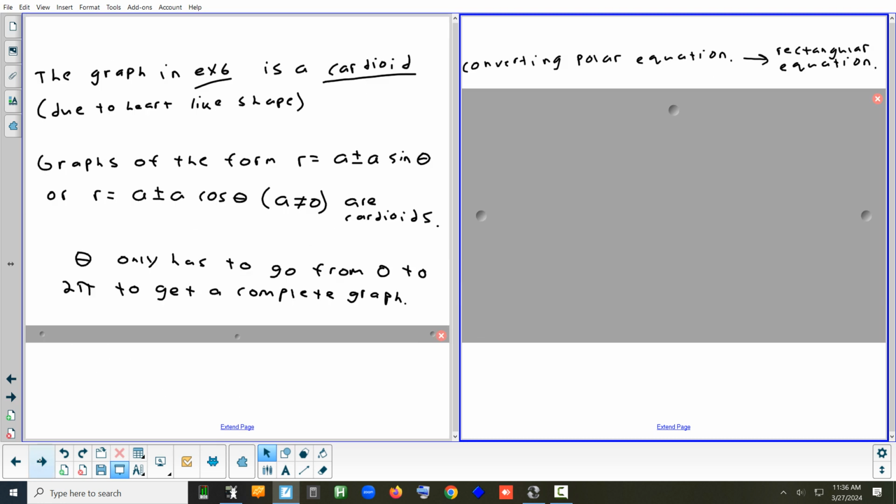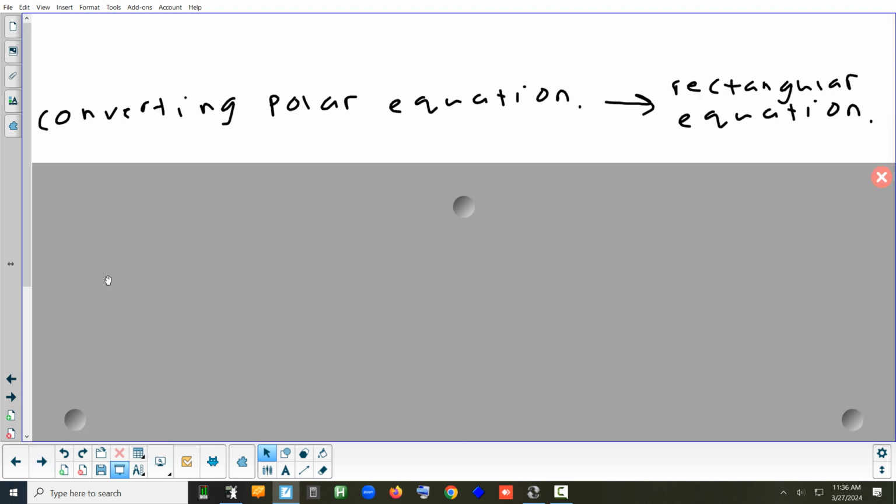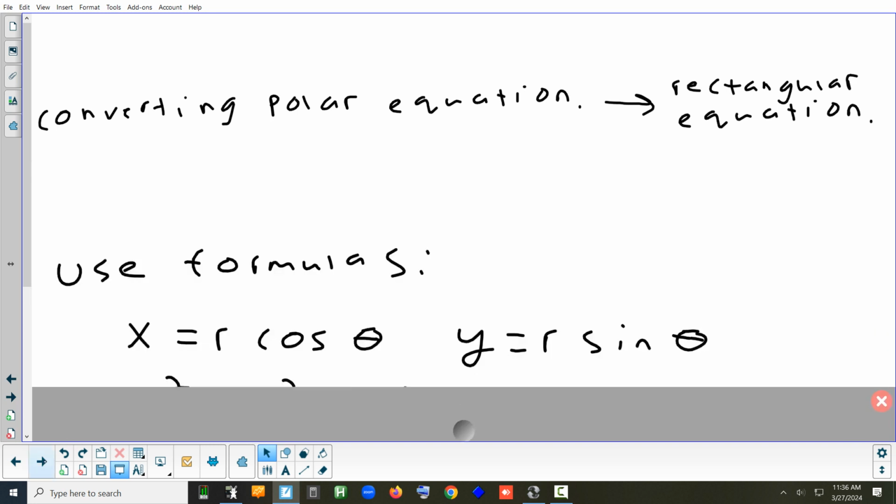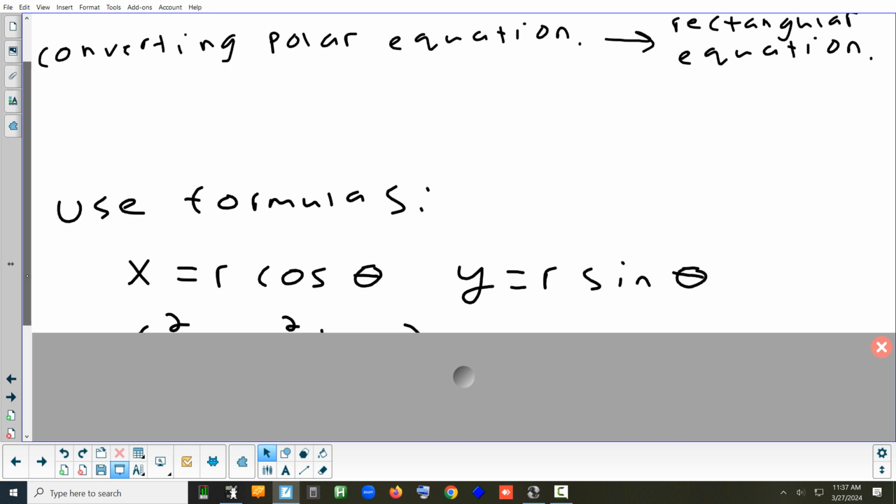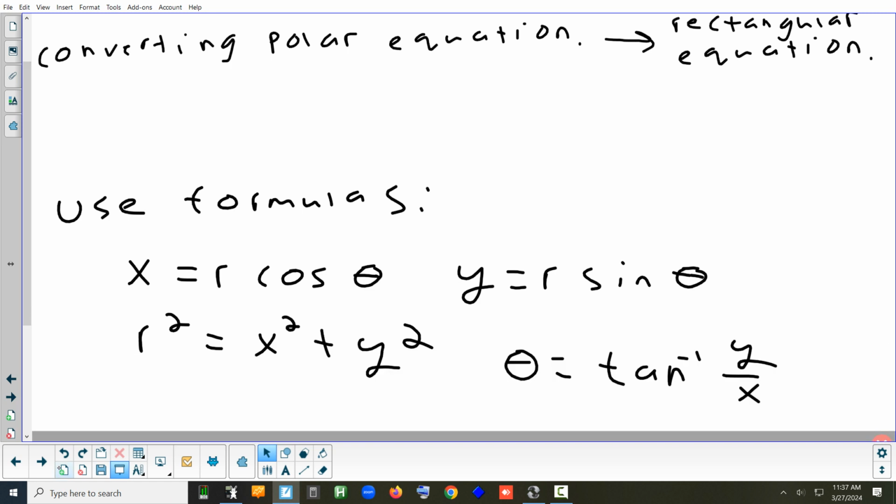All right, so now, how do we take a polar equation and change it to rectangular? Well, I kind of just showed you the other way, with y equals mx plus b. I took a rectangular equation and I made it polar. Now we're going to go back the other way. There are really 4 different formulas that we've learned when we've been working in polar and rectangular.